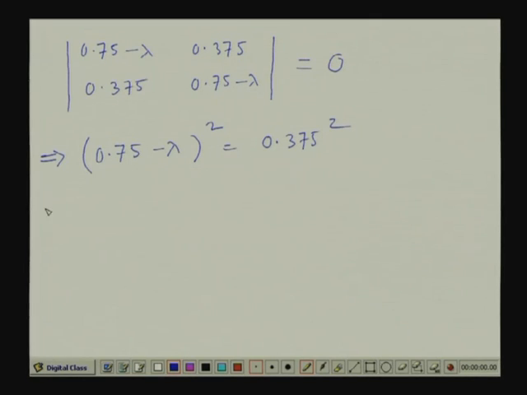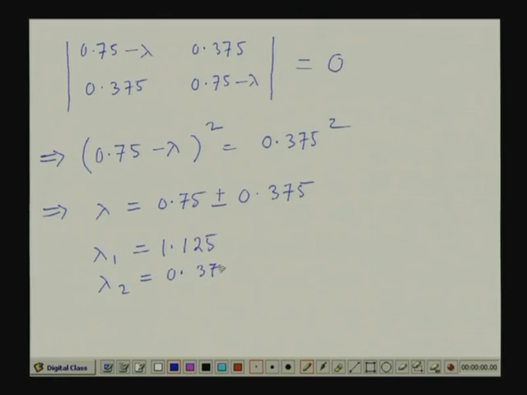The solution is very simple: lambda comes out to be 0.75 plus minus 0.375, whereby lambda 1 is equal to 1.125 and lambda 2 comes out as 0.375. These are the two eigenvalues of the covariance matrix C x in this particular case.